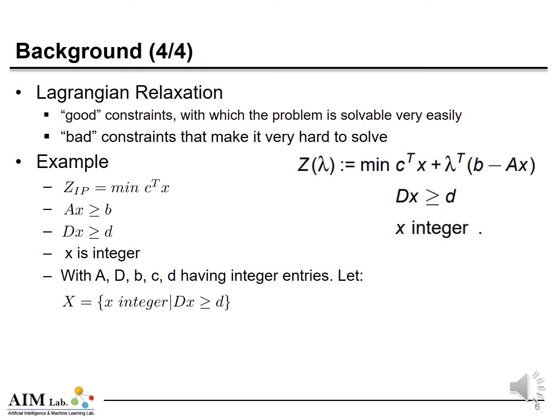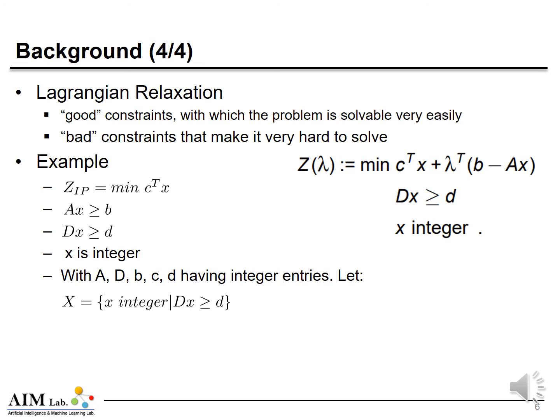The main idea is to relax the problem by removing the bad constraints and putting them into the objective function, assigned with weights. For example, we should find the x that minimizes c transpose x, where Ax is greater than or equal to b, Dx is greater than or equal to d, and x is integer.